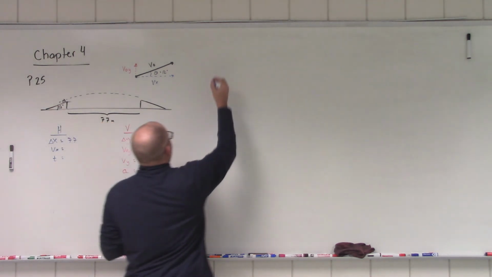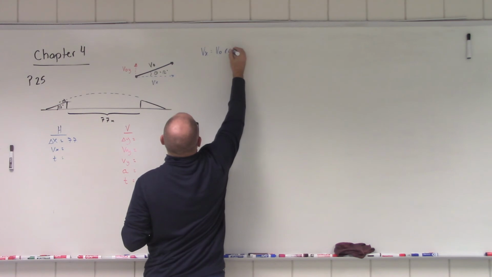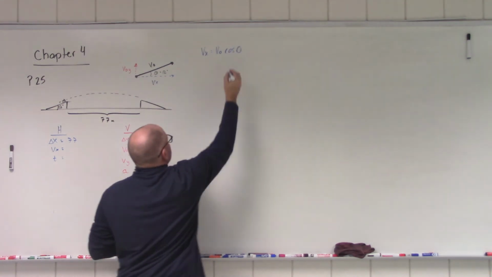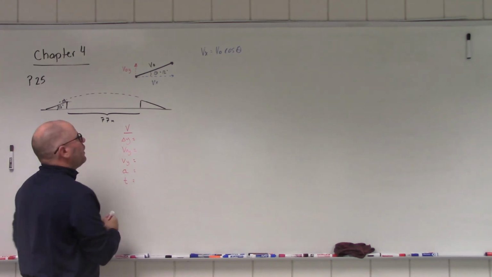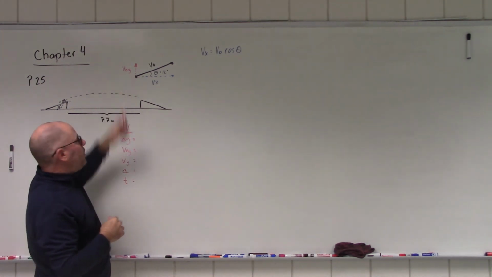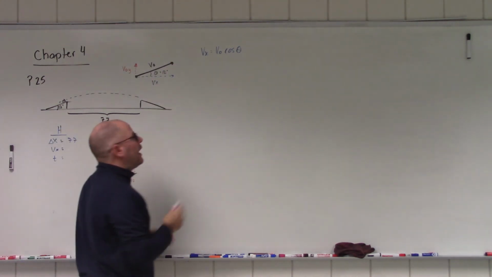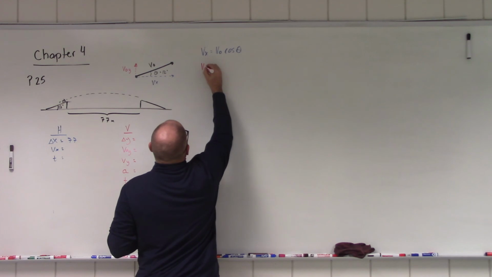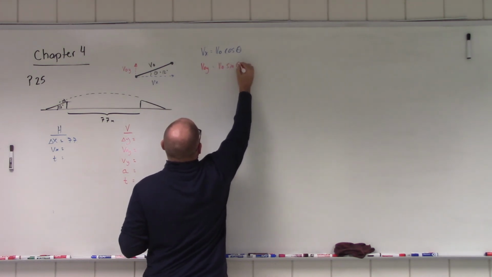So given that construct, I can say that the Vx is equal to the V0 times the cosine of my angle. That means that this one over here is the opposite side. Now I drew it here, but you could just as easily draw it here. That would be the opposite side. So the V0y is equal to V0 times the sine of theta.